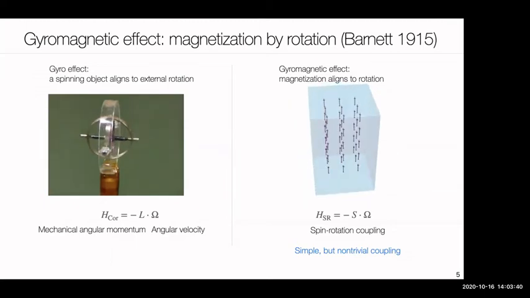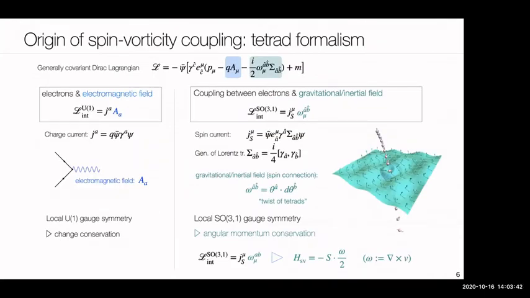So today I'd like to skip the details of the origin of the spin vorticity decoupling, but if you want to understand this mechanism, we need the tetrad formalism for describing the generally covariant Dirac Lagrangian, which is given in this form.